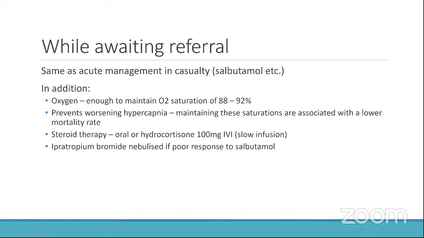Maintaining these sats is associated with a lower mortality.